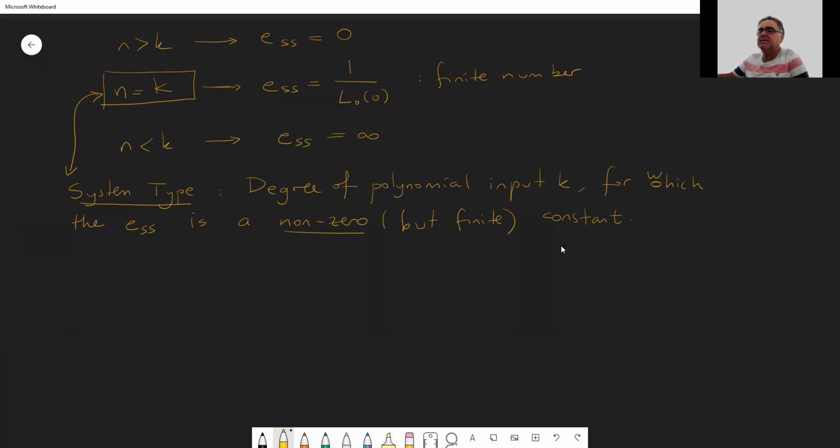So when the steady state error is finite, k gives you the so-called system type.